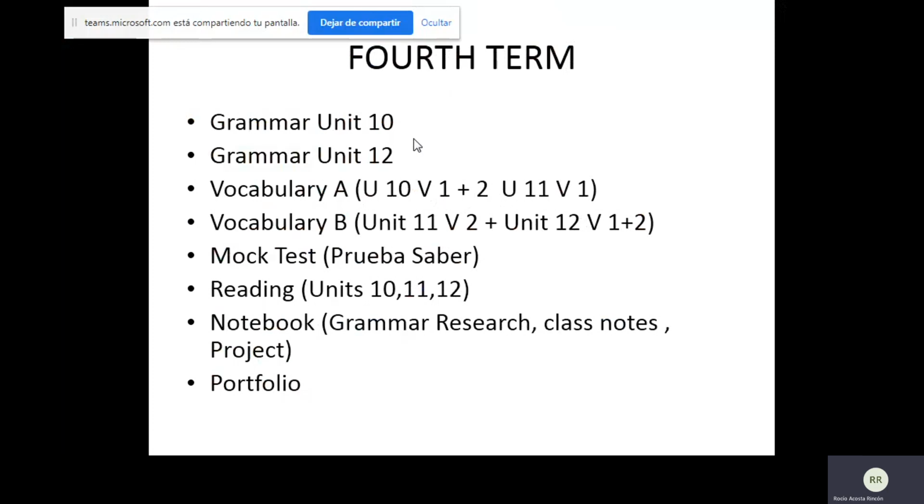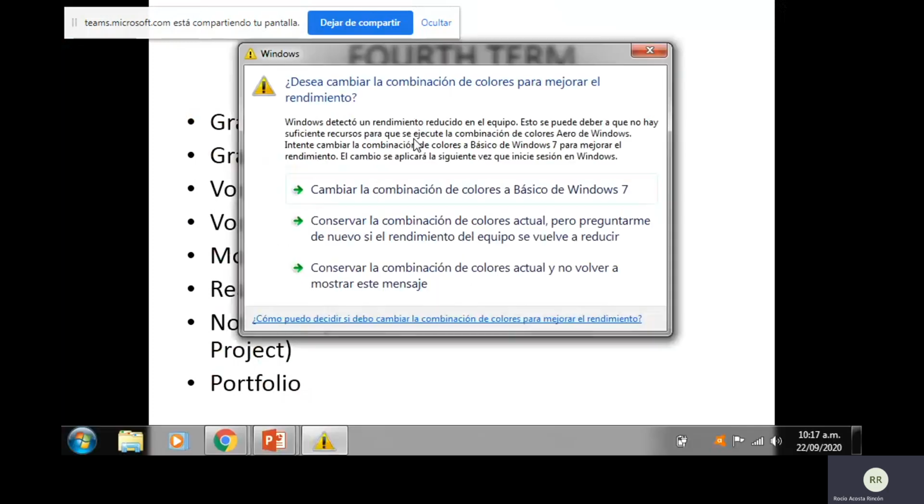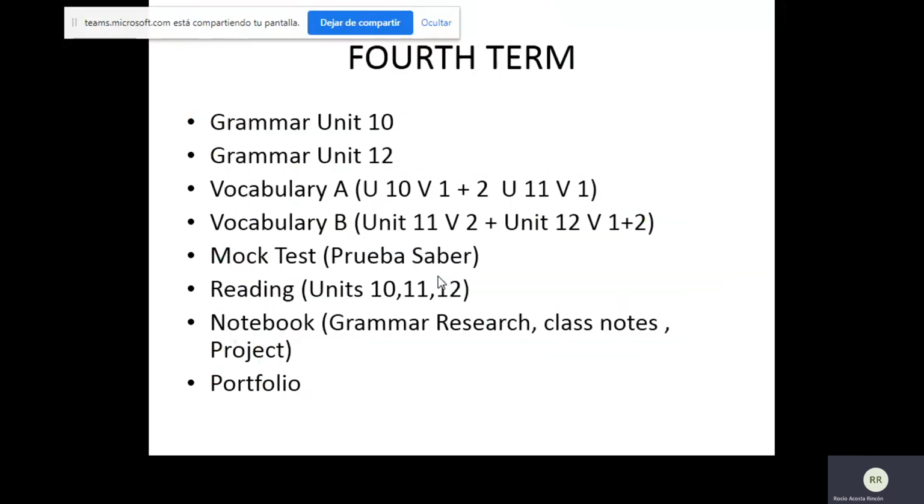Unit 11, in relation with those clauses, you can just review and check for general information if you want, but I had to pick these two. The first one, in Unit 10, we will be covering reported speech, which is typical and probably you will be finding in the Prueba Saber.